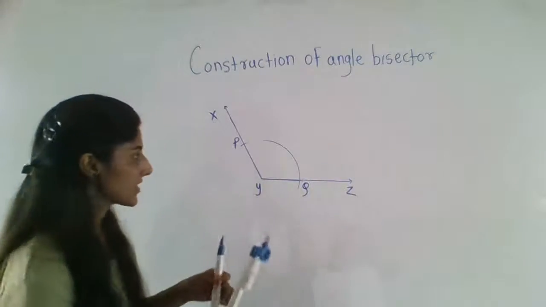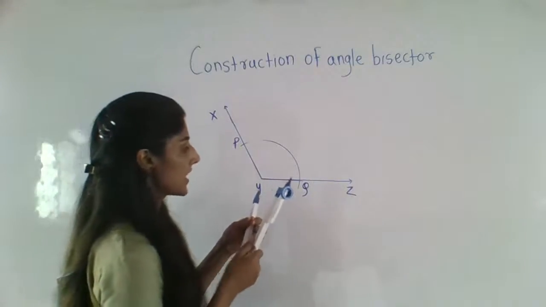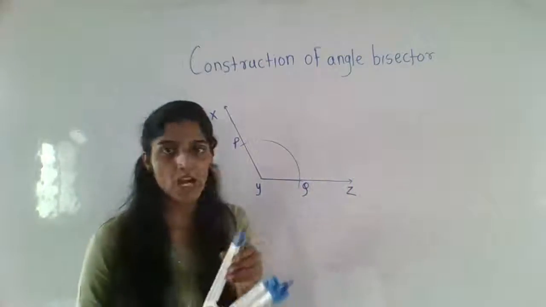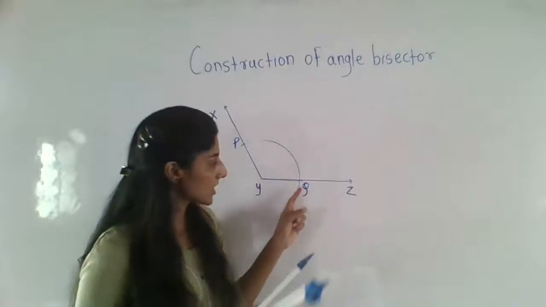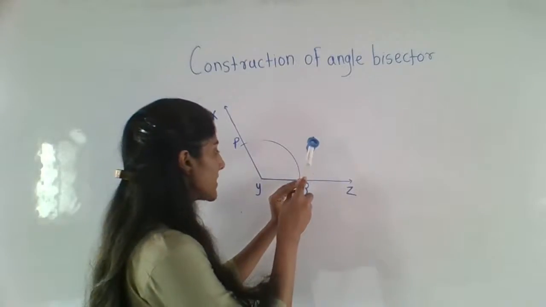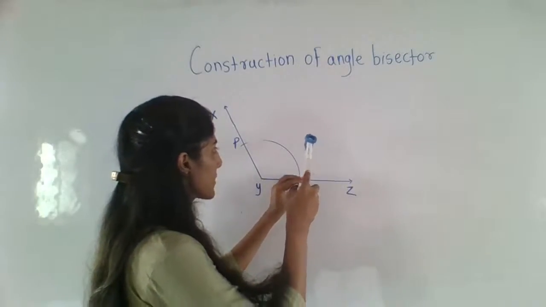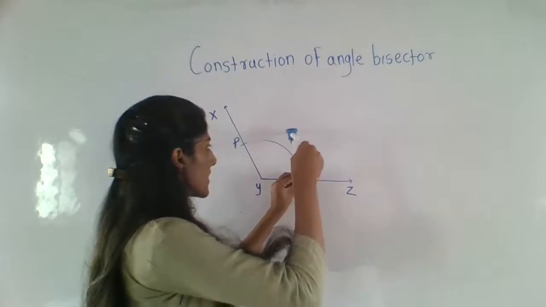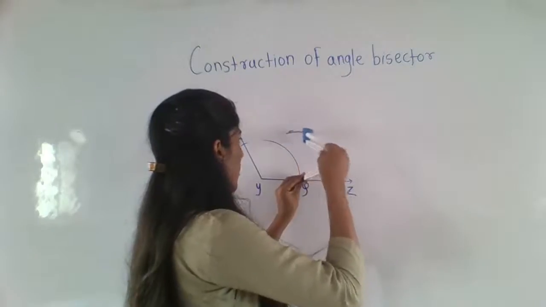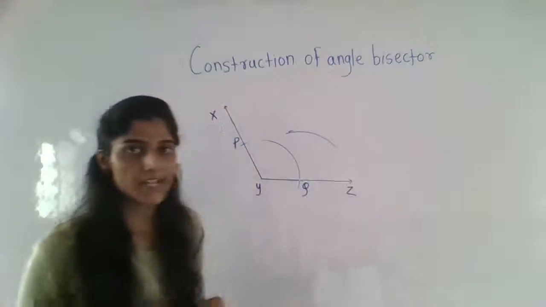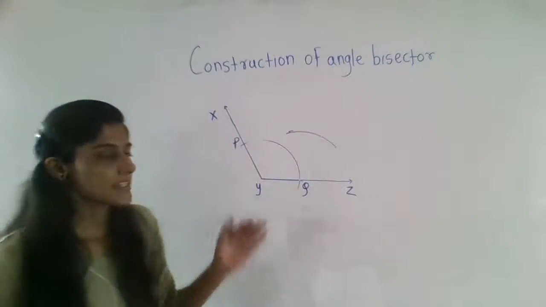Here I will change the distance a little bit and keep the point of the compass on the point of intersection of ray and arc, that is Q, and with any convenient distance, draw an arc inside the angle XYZ.